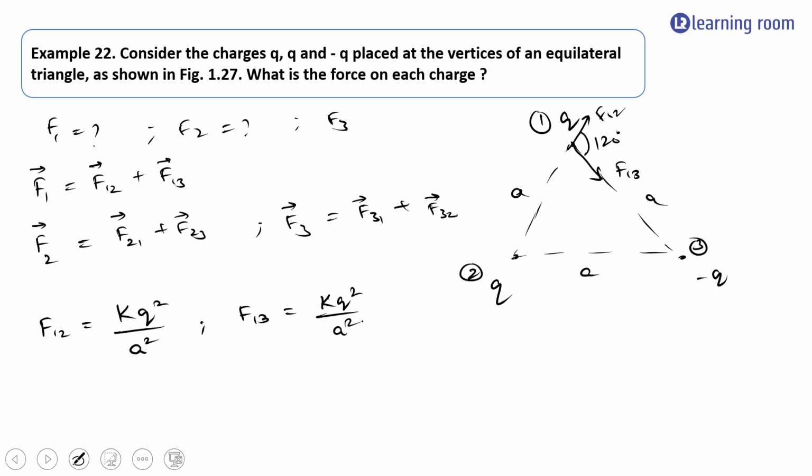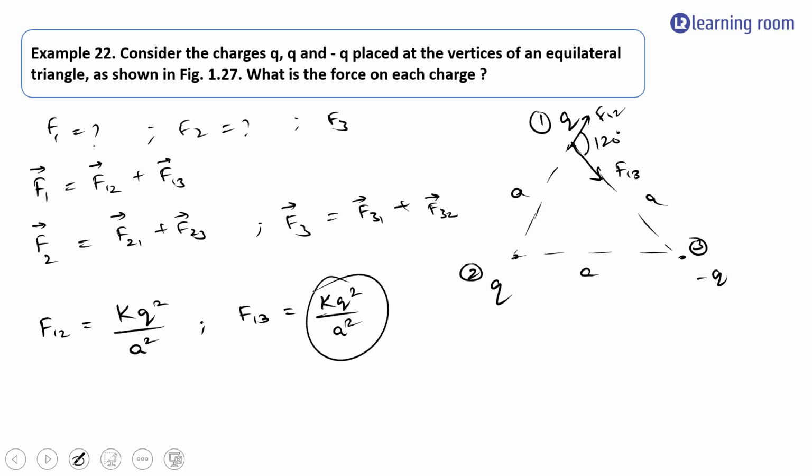In vector form, we'll consider the sign. In normal scalar form, we won't take the sign. If it is vector form, you're saying you will consider the sign of the charge, to say if it's repulsive or attractive force. But I didn't take the minus here. When I wrote F13, I didn't take minus.